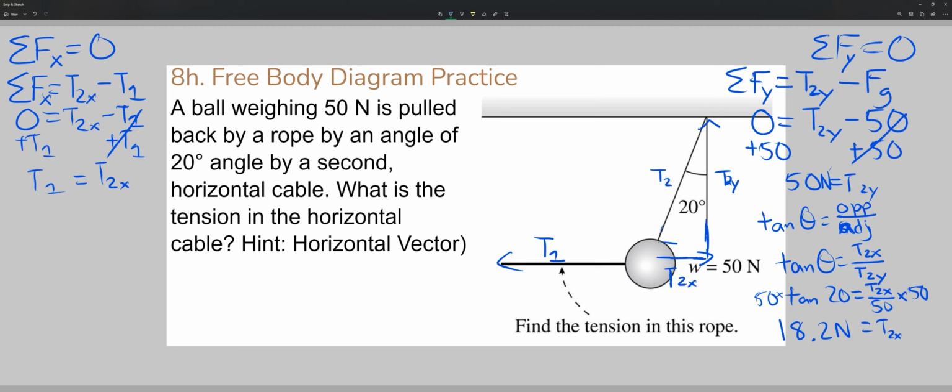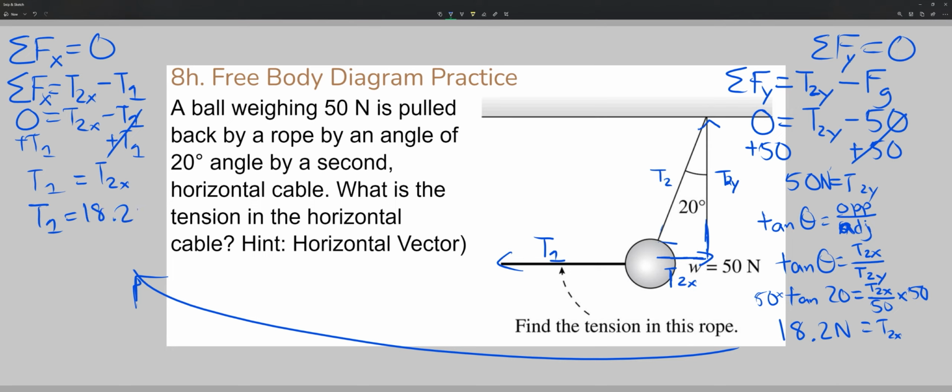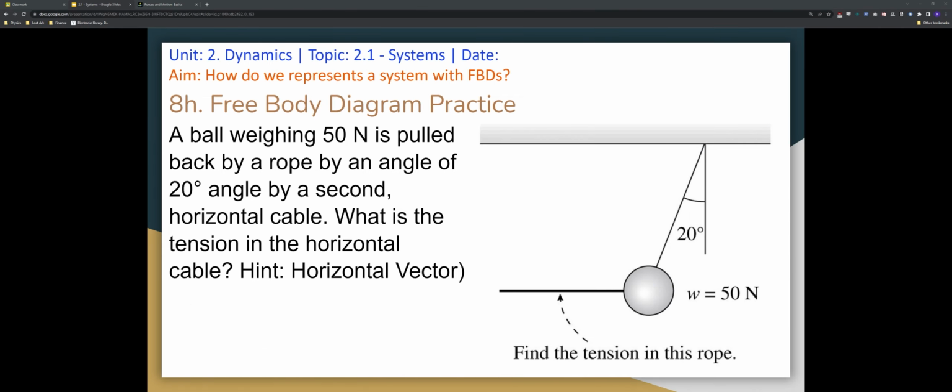This is my horizontal force along the x-axis. And if we go to my net force along the x-axis, we know that T1 is equal to T2x. So T1 is equal to 18.2 newtons. And that's our answer there.